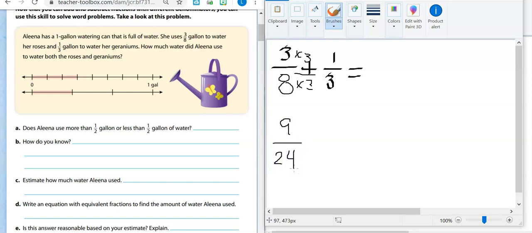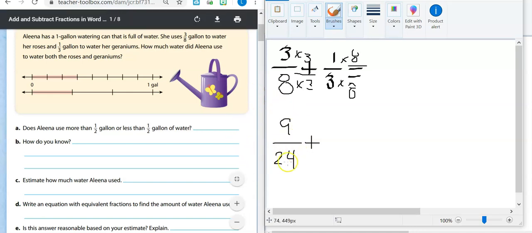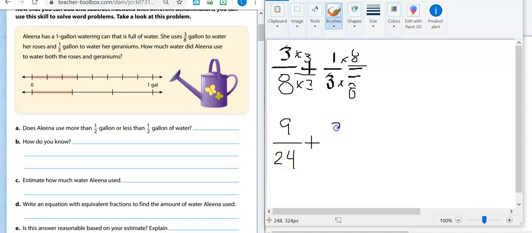And then the like fraction that I will multiply 1/3 by to make an equivalent fraction, I will multiply 3 times what? 8, which will give me 24. And whatever I multiply my numerator by, I must do with my denominator. So my new equation that is equivalent will be 9 over 24 plus 8 over 24.